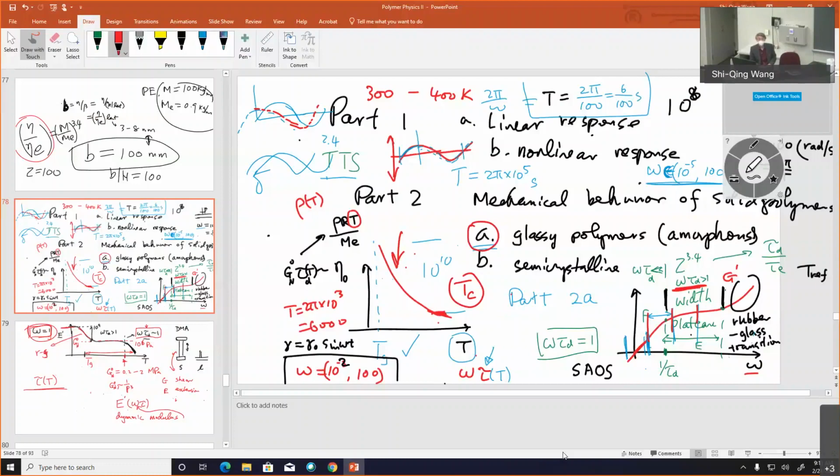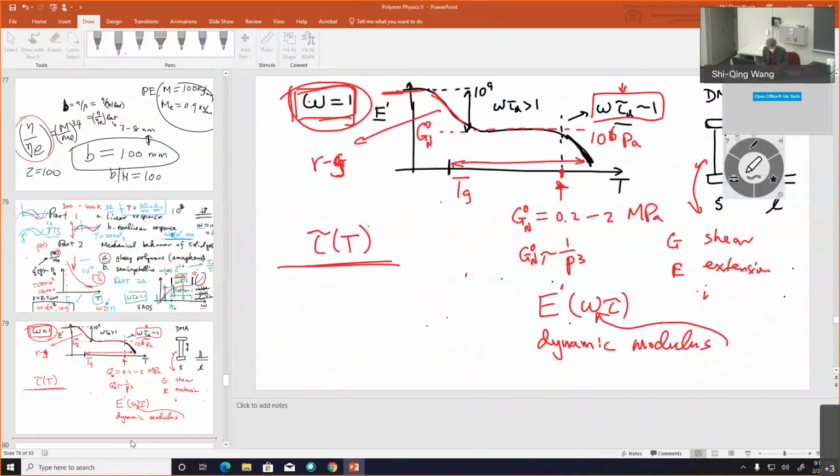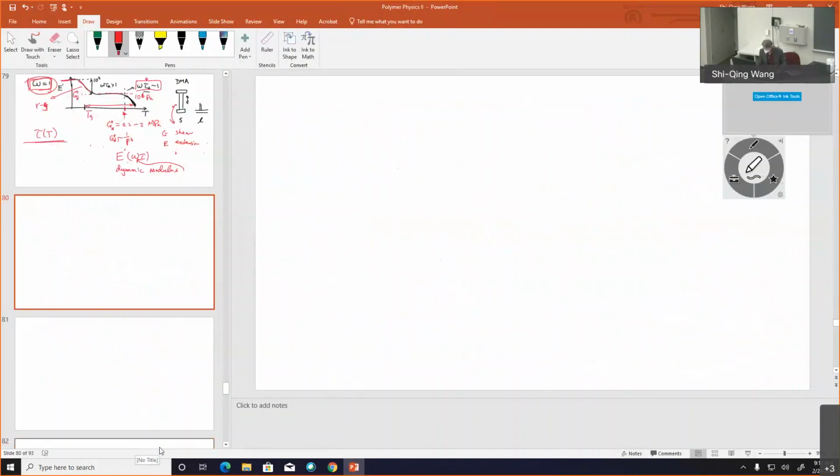So I'm just giving you the concept of this deeply useful idea of what we call time-temperature superposition. So let me write it down formally. So it's a time-temperature superposition.